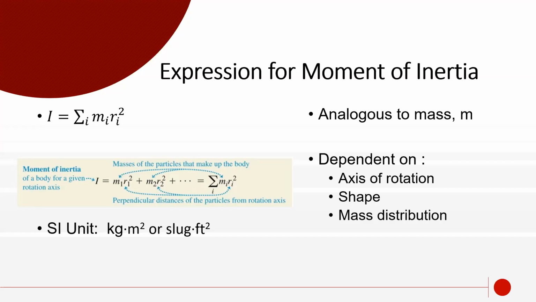Although the mass of a body does not depend on its location, the rotational inertia of a body does depend on the axis about which it is rotating, as well as on the shape of the body and on how its mass is distributed. This lecture focuses on an axis of rotation which is fixed in an inertial reference frame. We will later examine situations in which the axis of rotation moves.